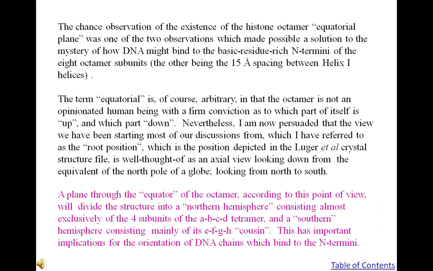A plane through the equator of the octamer, according to this point of view, will divide the structure into a northern hemisphere, consisting almost exclusively of the 4 subunits of the A, B, C, D tetramer, and a southern hemisphere consisting mainly of its E, F, G, H cousin. This has important implications for the orientation of DNA chains which bind to the N-termini.